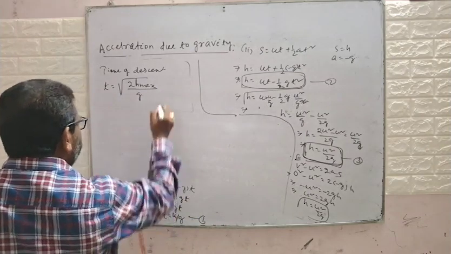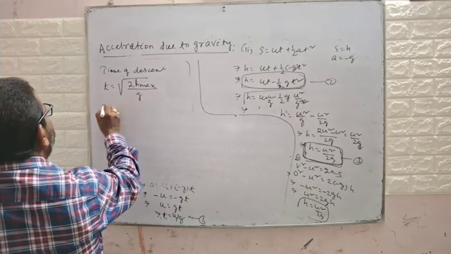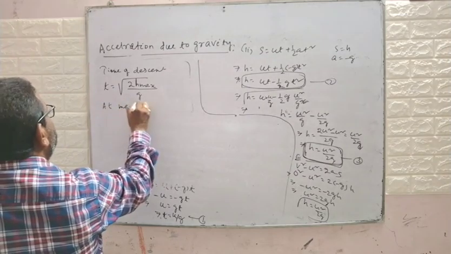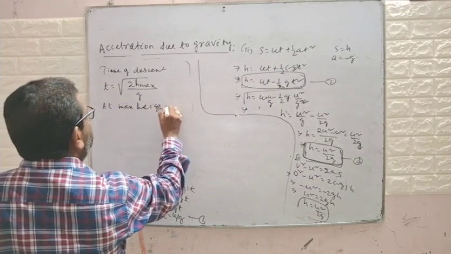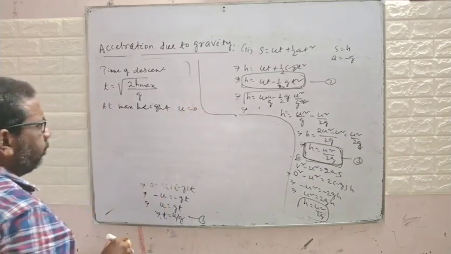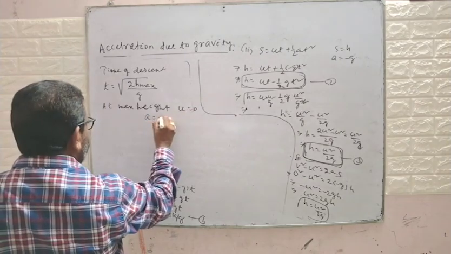Also here we get t equal to u by g. You see, at maximum height, velocity of the body is 0, u equal to 0. And when it comes to the ground, a equal to plus g.